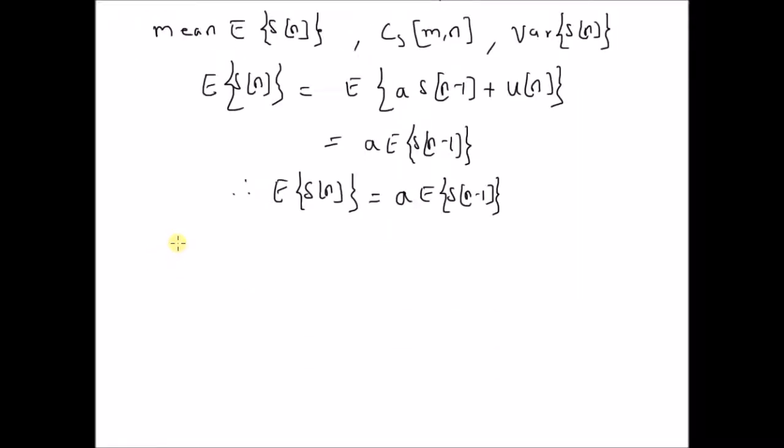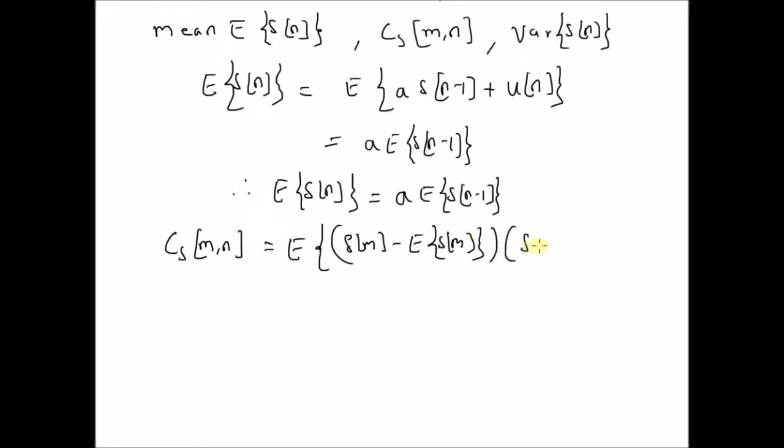Next, we want to look at the covariance term. By definition, the covariance term, that is Cs of m comma n, is equal to expectation of the product of the following differences, that is S of m minus expectation of S of m and S of n minus expectation of S of n.